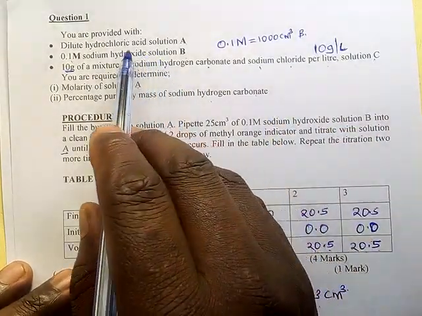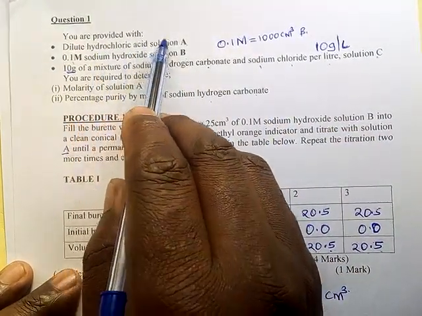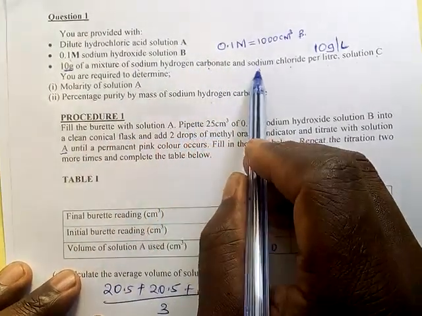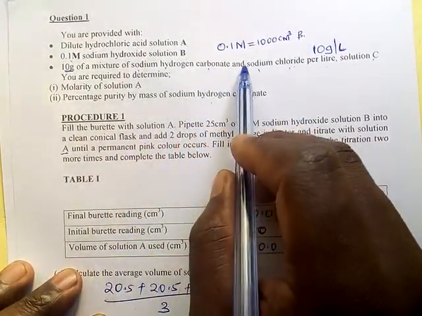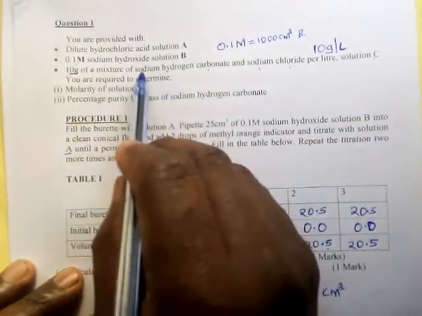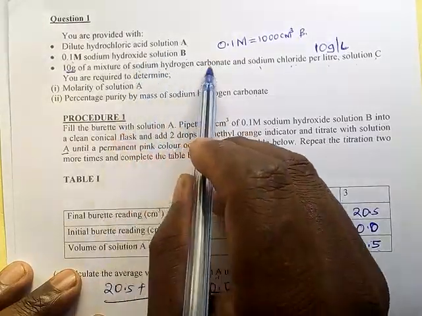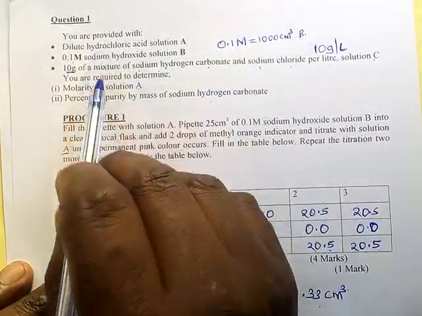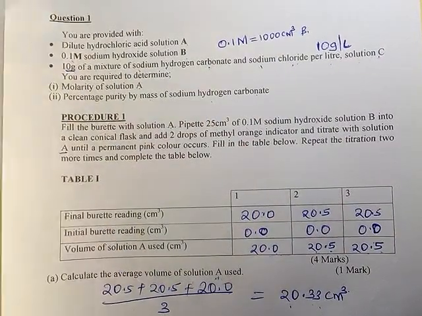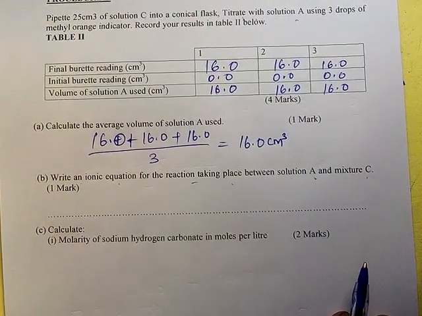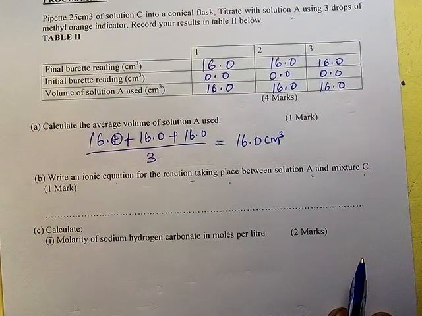Therefore, A, which is hydrochloric acid, will react with sodium hydrogen carbonate and not sodium chloride. So in this mixture, the HCl solution A will react only with sodium hydrogen carbonate, because this one is a base and this one is a salt. A salt cannot react with an acid. Therefore, you need to understand that.